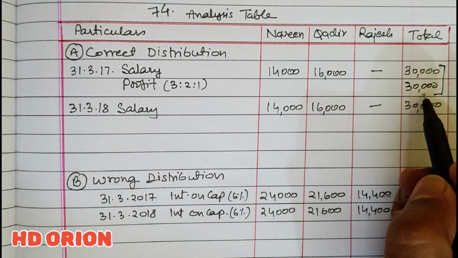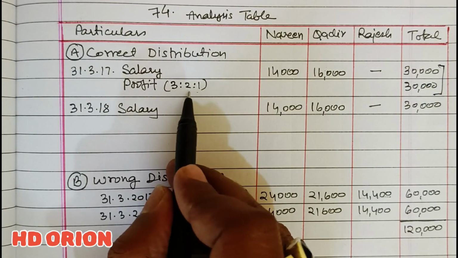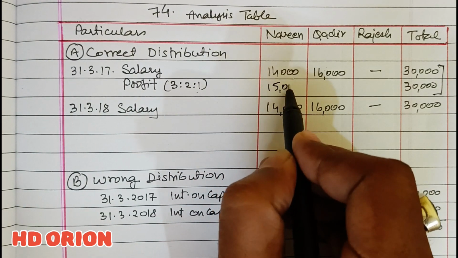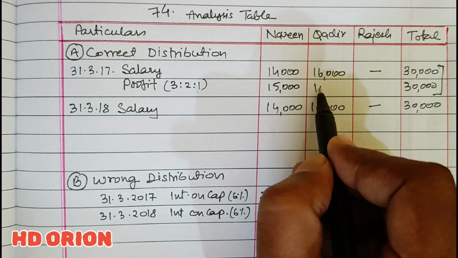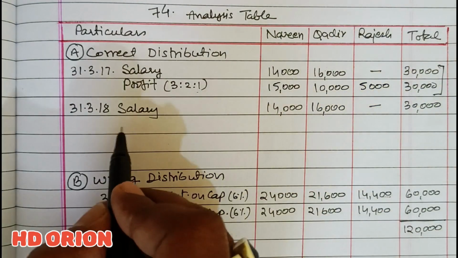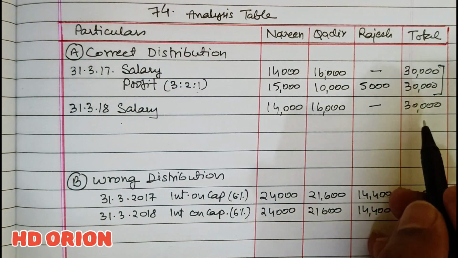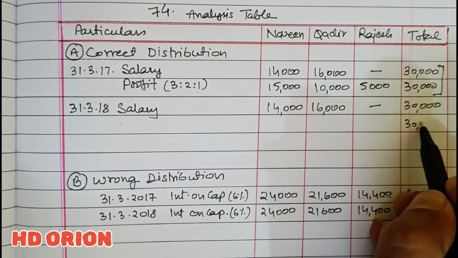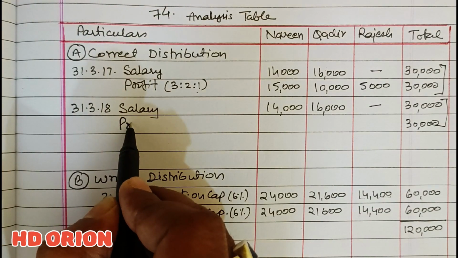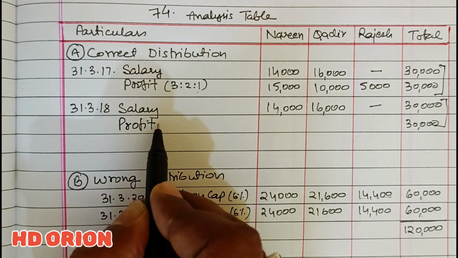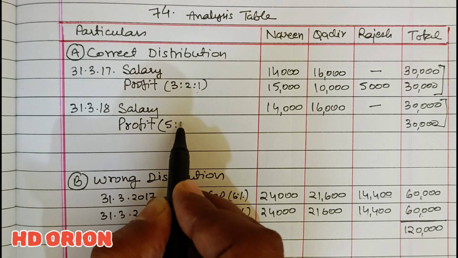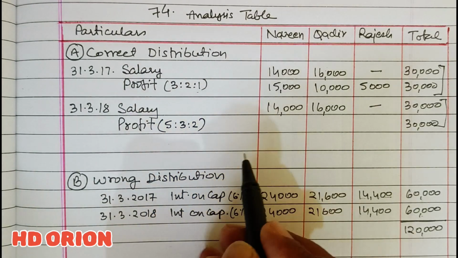Now this 30,000 will be given to the partners in this ratio. It means 15,000, 10,000 and 5,000. Similarly, for the next year also, the remaining 30,000 will be given in the form of divisible profit to the partners, and the profit sharing ratio is 5:3:2.